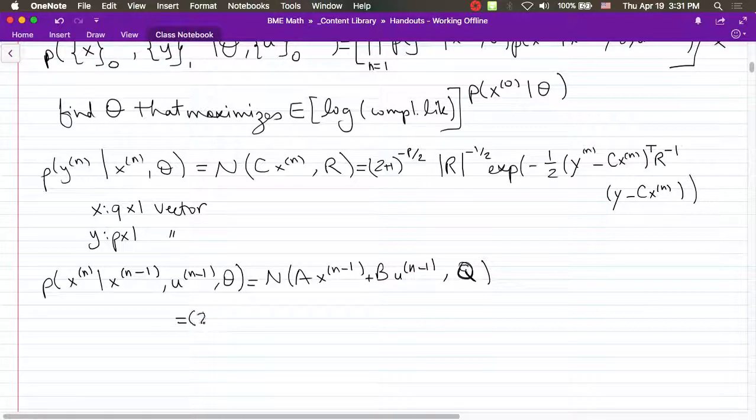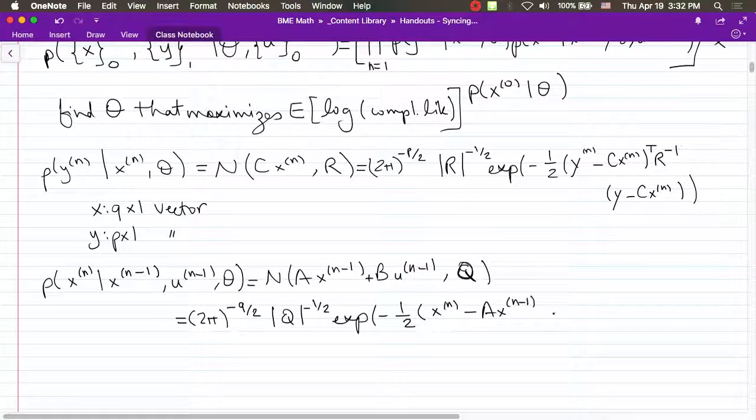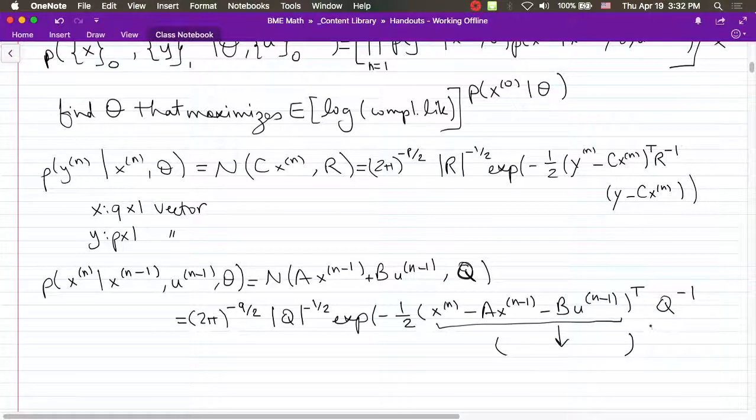We have 2 pi to the minus q over 2 times the determinant of the variance covariance matrix, in this case Q, raised to the power of minus 1/2 times an exponential of minus 1/2 x of n, the random variable, minus the mean, A x of n minus 1 minus B u of n minus 1, transpose, times Q inverse times this quantity, and then close the exponential.